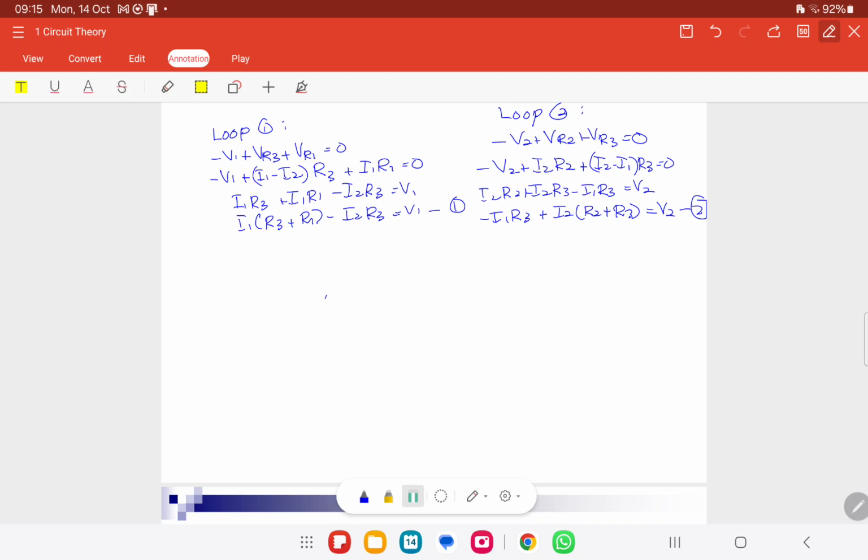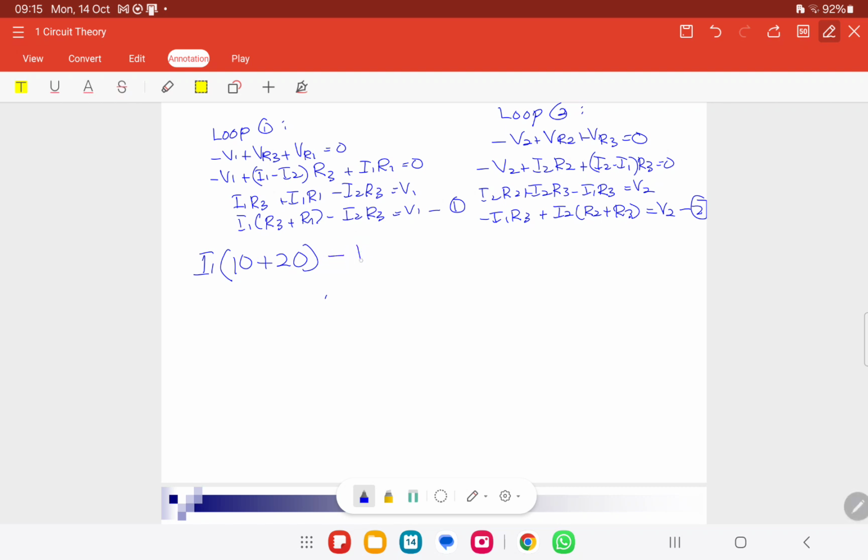Okay, so once dah dapat, equation 1 is equals to I1 (R3 plus R1), which is 10 plus 20, value dia kan? Ikut value dia tu lah. R3, R1.